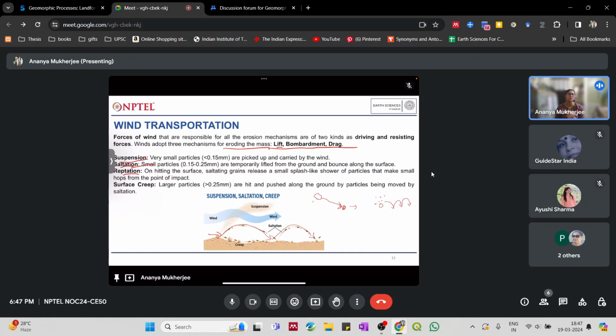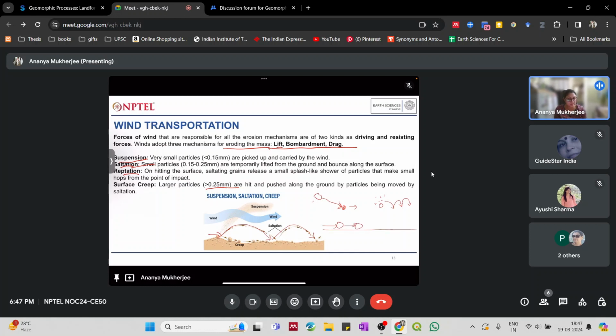Surface creep is for the larger rock fragments, less than 0.25, sorry, greater than 0.25 millimeter, and these are displaced from one place to another by being dragged on the ground surface itself.